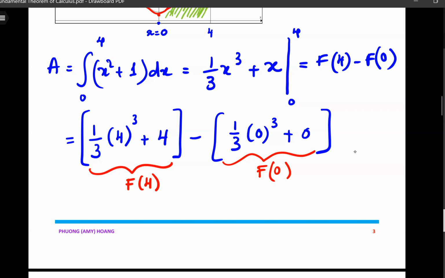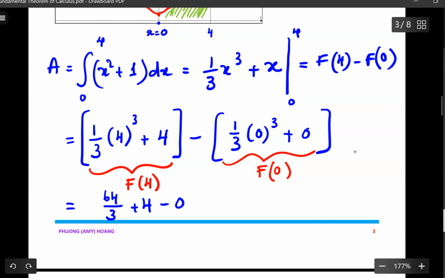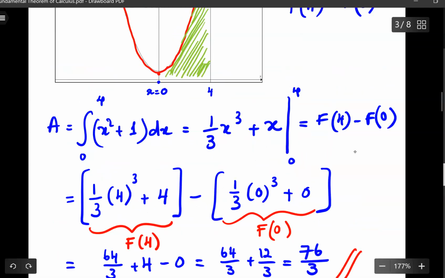So when we evaluate this, what do we get? We get 64 over 3 plus 4, subtract the 0, so I should have 64 over 3 plus 12 over 3. With common denominators, I should have 76 over 3 as my final answer for the area under this curve.